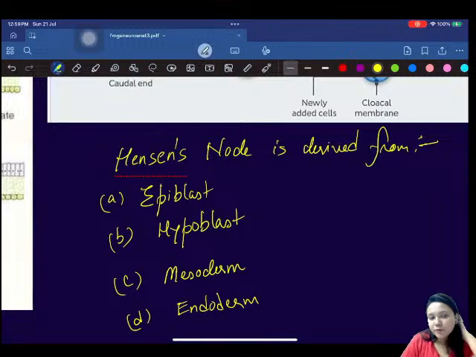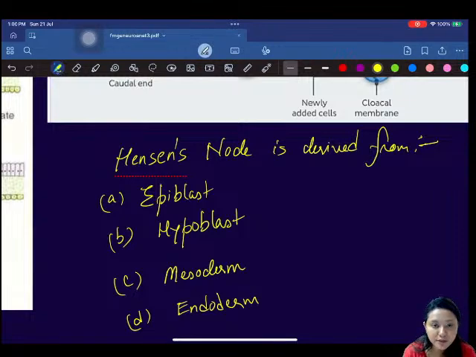I want a quick reply from the chat. If you know this, anyone who wants to answer? Hansen's node is derived from?